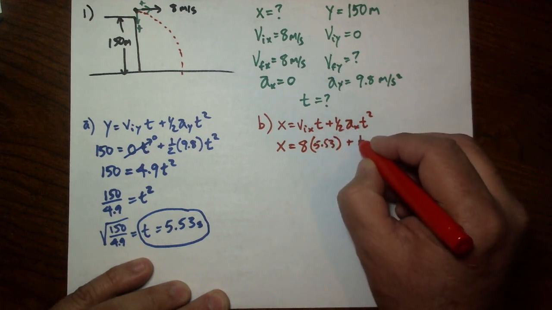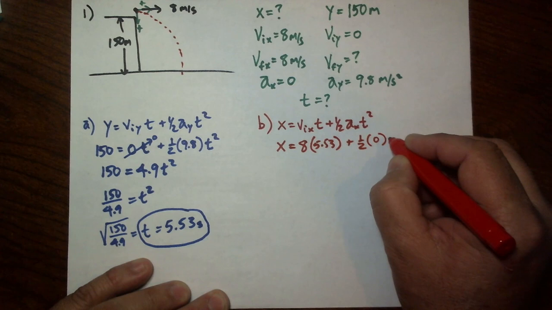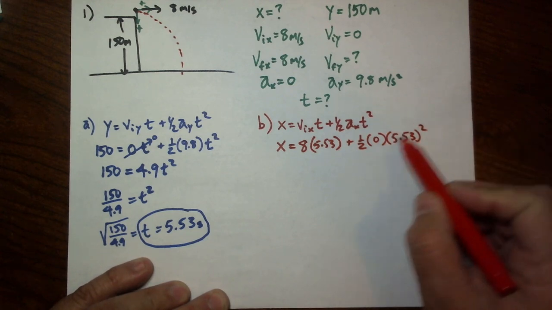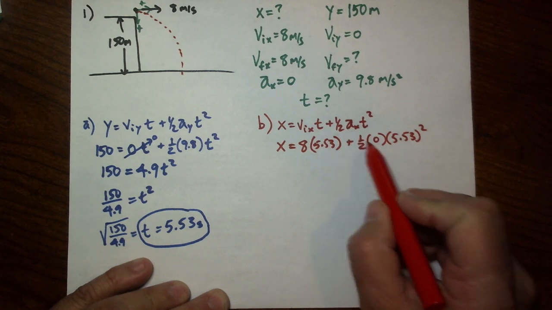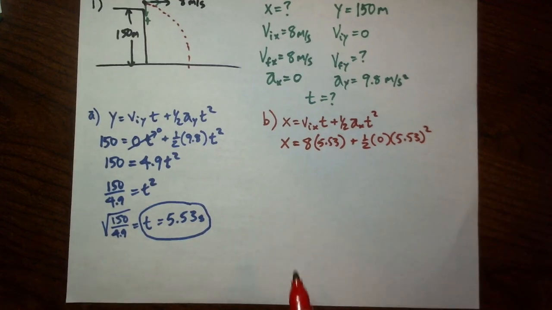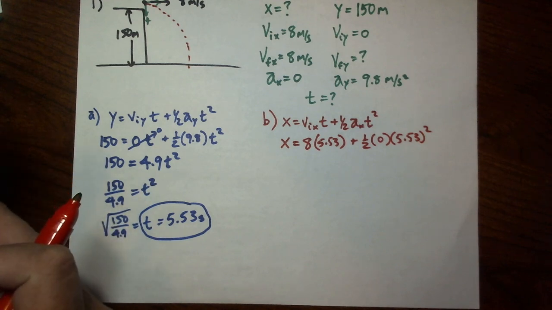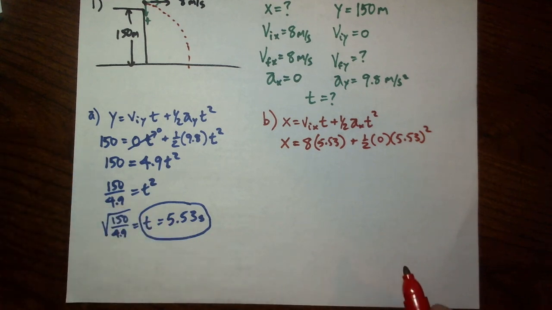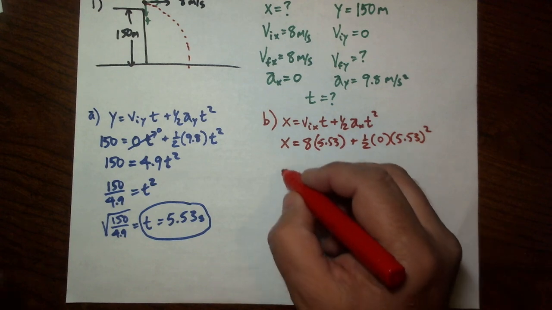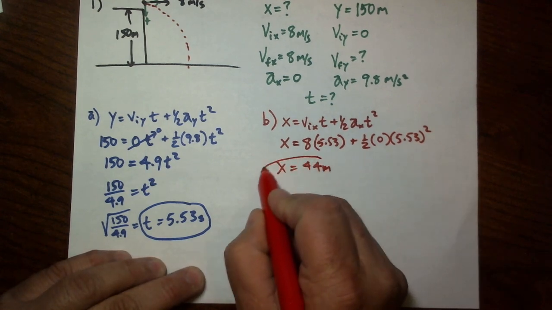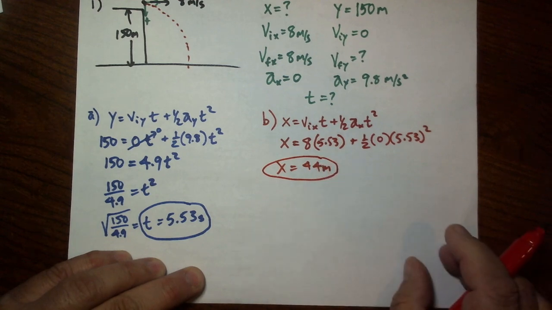On this next term, we have 1/2 of 0 times 5.53 squared. And that's why this term becomes 0, because we're multiplying by a 0 in the middle of it. So all we really need is 8 times 5.53. And that's 44.2, 44.3. Let's just keep 44. And there's B, 44 meters from the edge of the cliff.